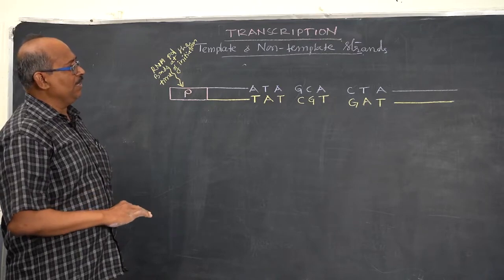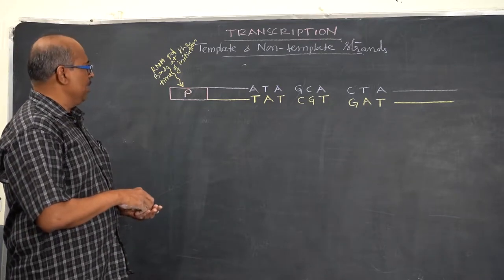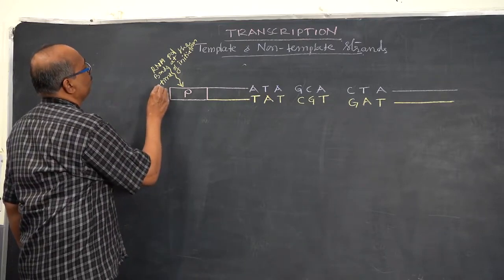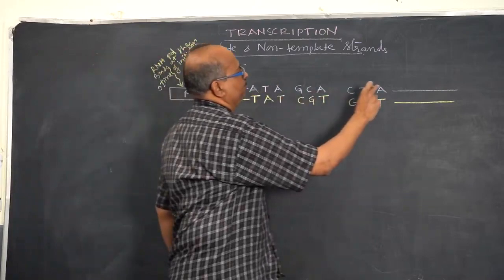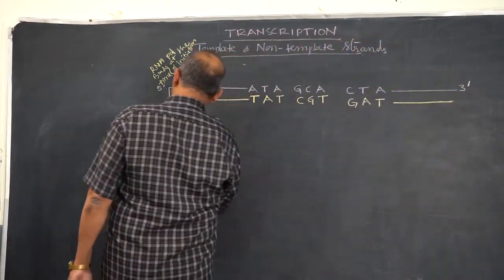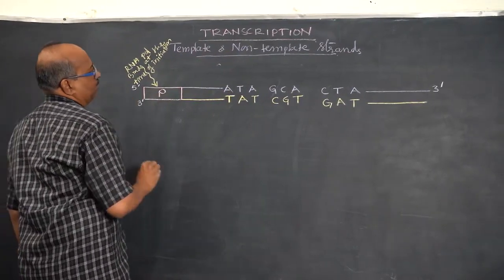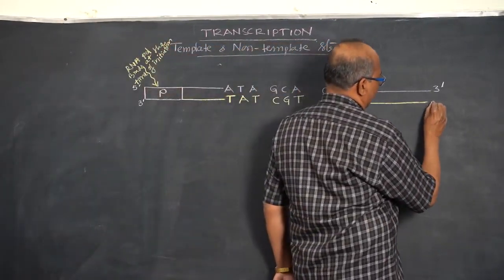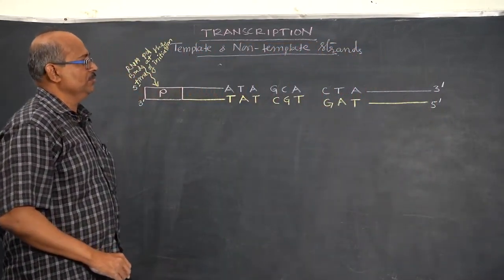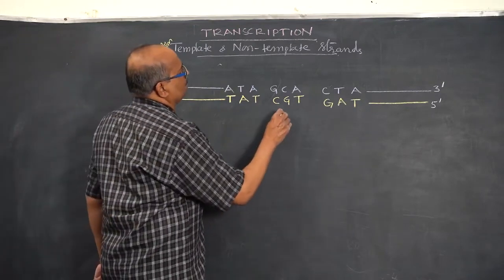So now we have drawn the two strands from the promoter. We have made the complementary strands, complementary nucleotides. Let us say this strand is 5' to 3'. This strand is 5' to 3' in the opposite direction. So let's carry out the transcription.